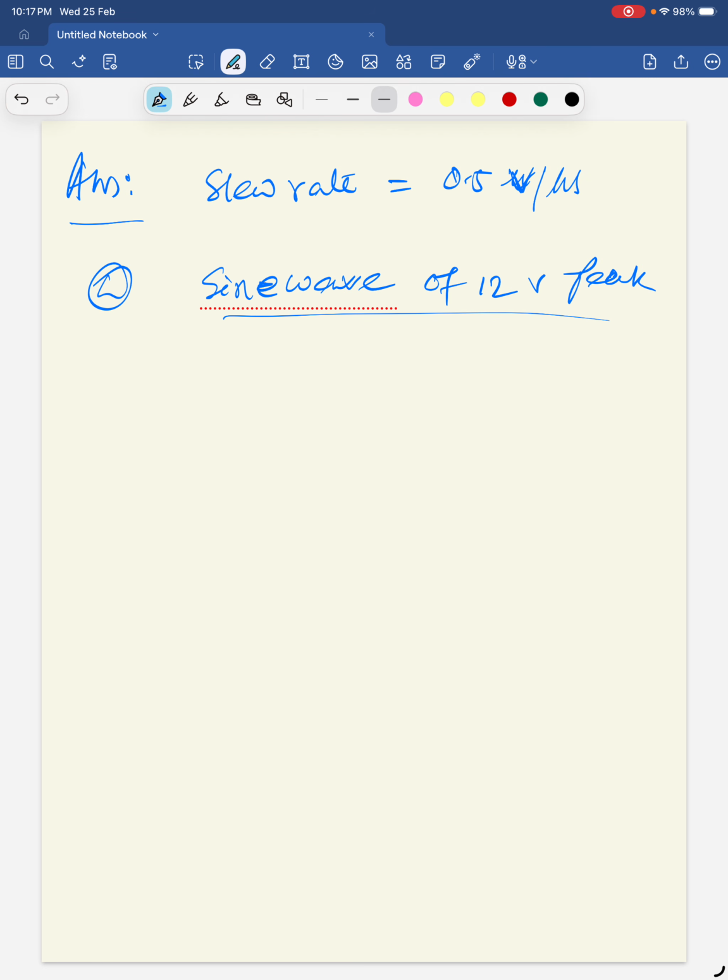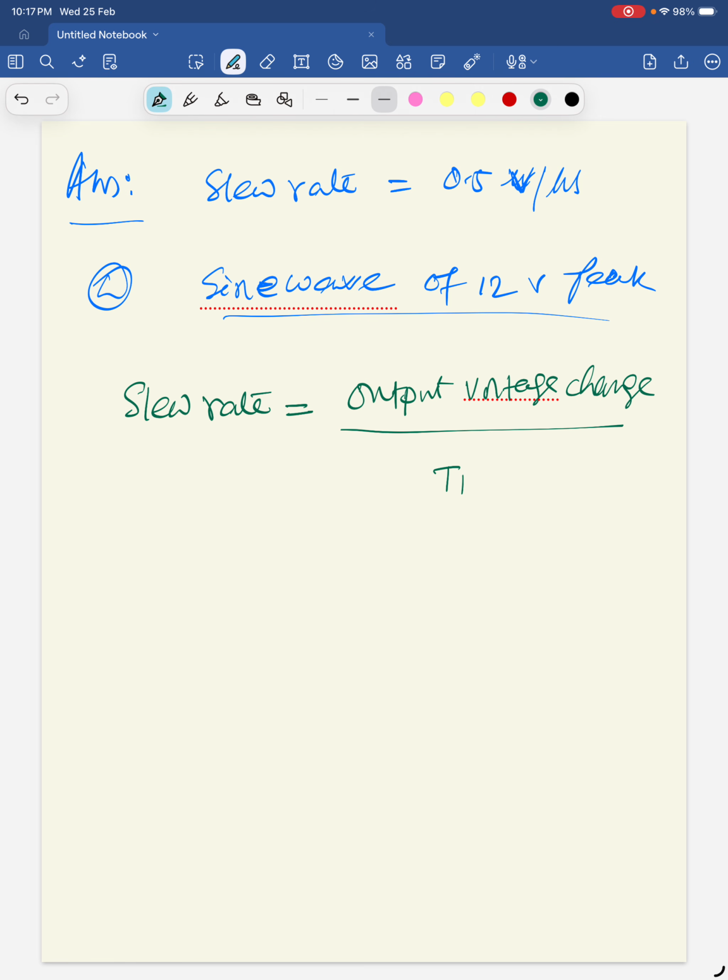Slew rate. We will define first slew rate for your better understanding. What is slew rate? Slew rate is equal to output voltage change, as I mentioned, divided by time.